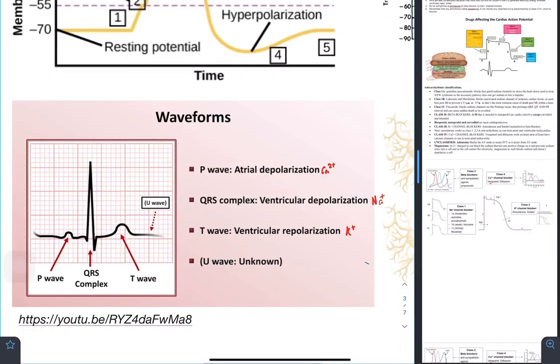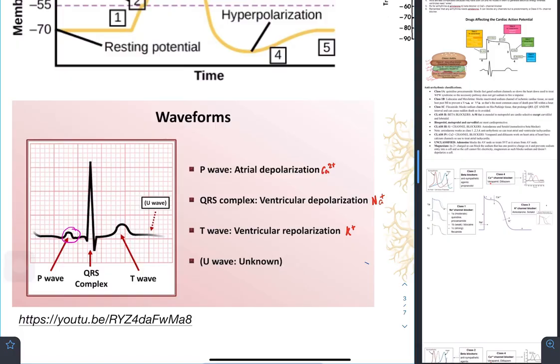This is an example of a normal EKG reading. First, we have this little bump called the P wave, which is where your atria depolarize or contract. And this is normally activated by calcium. As you know, calcium is not only for pain transmission, but also for contractions, squeezing.